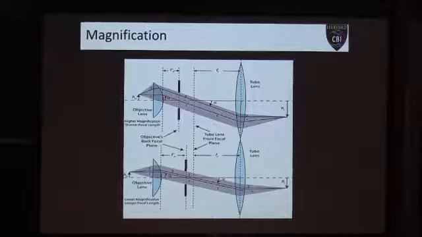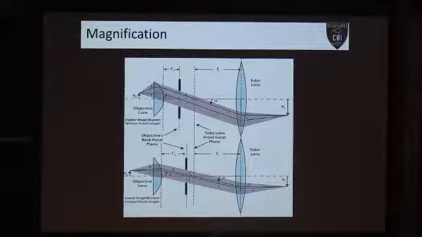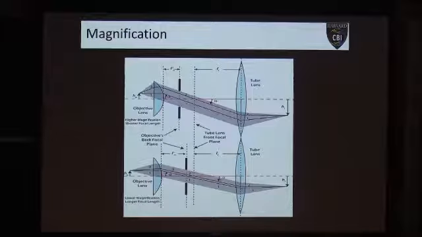And then if you ray trace this back, you get a minimal magnification. If you shorten this focal distance, so you can see this is shortening this distance here, same thing, your back focal plane now moves a little bit closer to the objective lens. And if you ray trace this through, you then get a greater level of magnification.